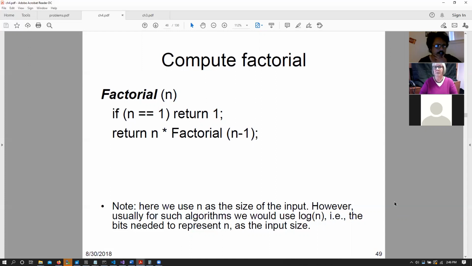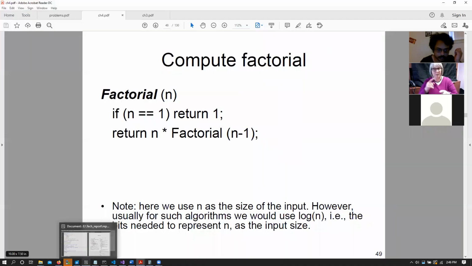We have a T(n) for factorial. Remember that we are looking for a solution that looks something like this.